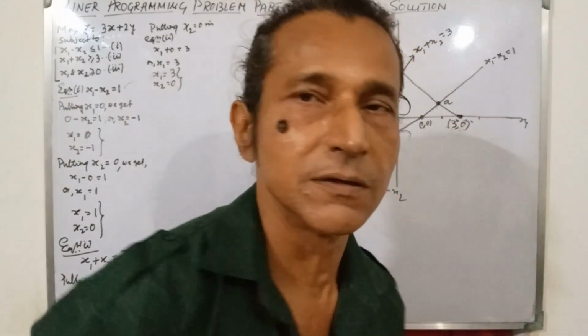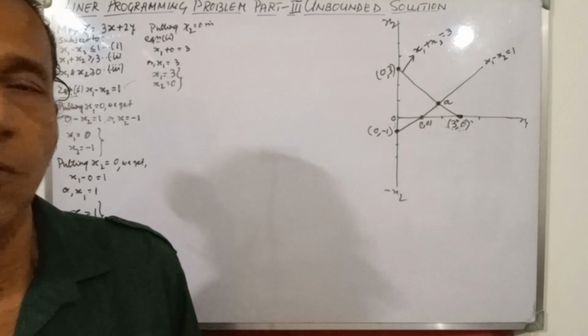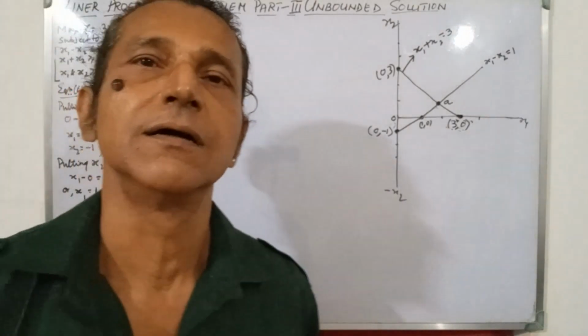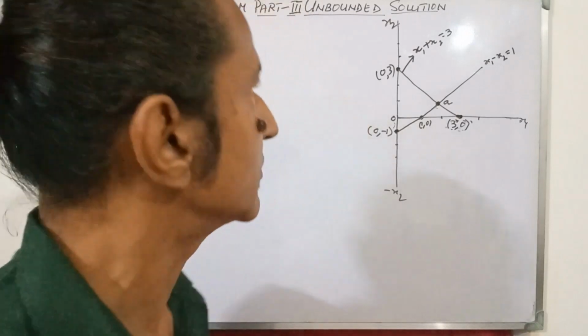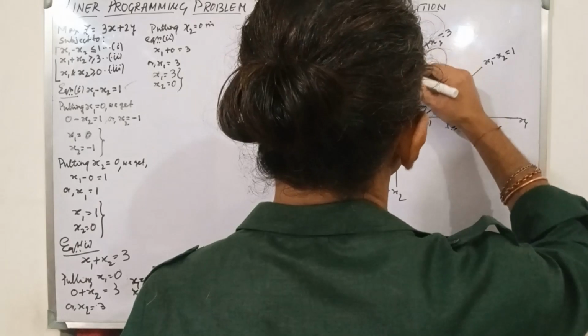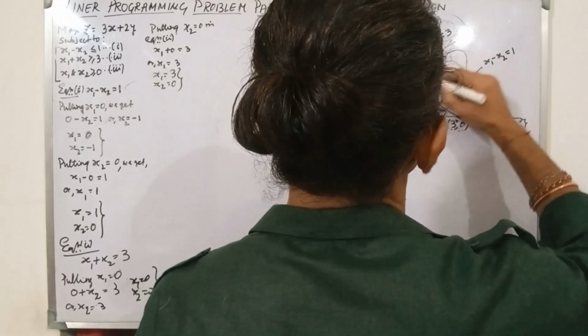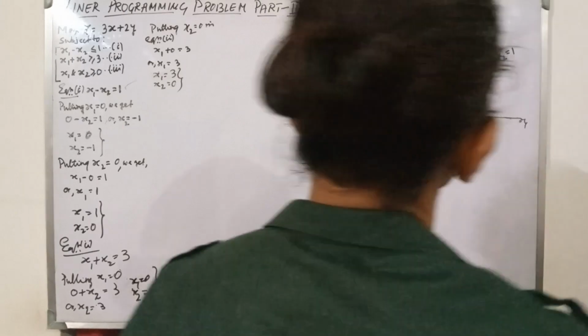Now carefully look at the whiteboard. We have obtained an unbounded solution. Why? Because the feasible solution space is unbounded. It ranges to infinity.